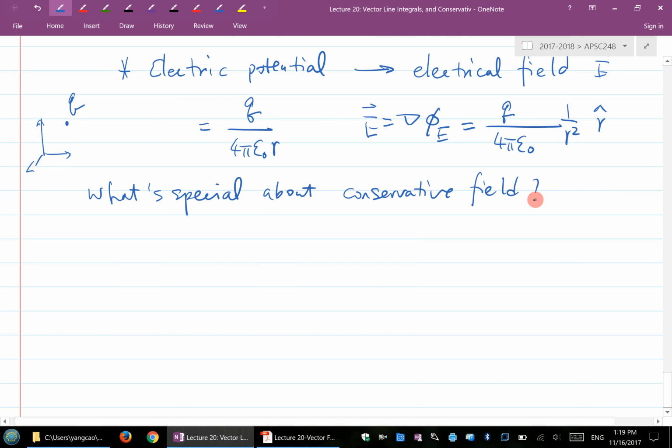We can make use of a very important theorem, which I'll write down shortly, when we evaluate this vector line integral inside this conservative field. I'll present a theorem here. This is one of the most important theorems in calculus. It's called the fundamental theorem of calculus.